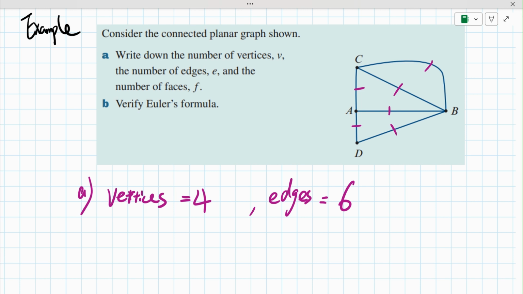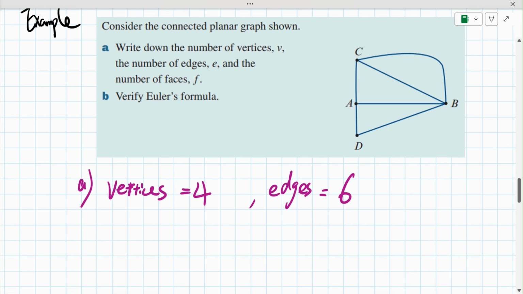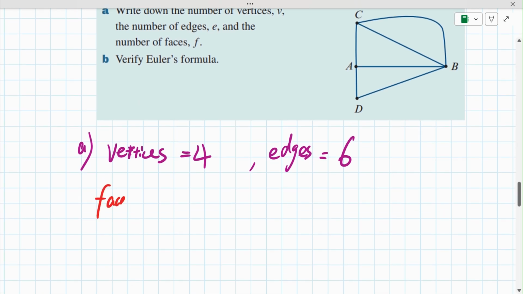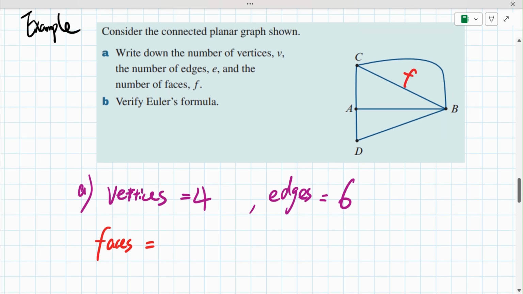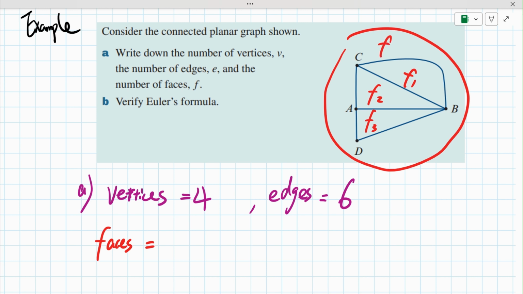Now we figure out the faces. The faces are face 1, face 2, face 3, and remember we have face 4 as well, so we have 4 faces.